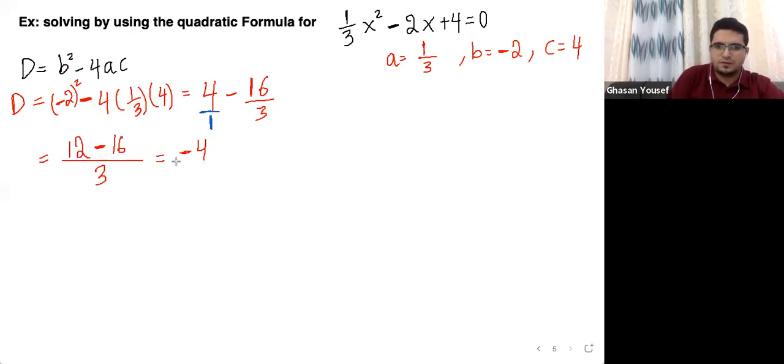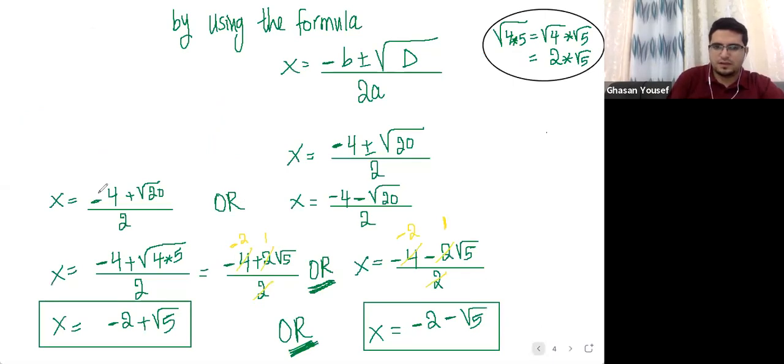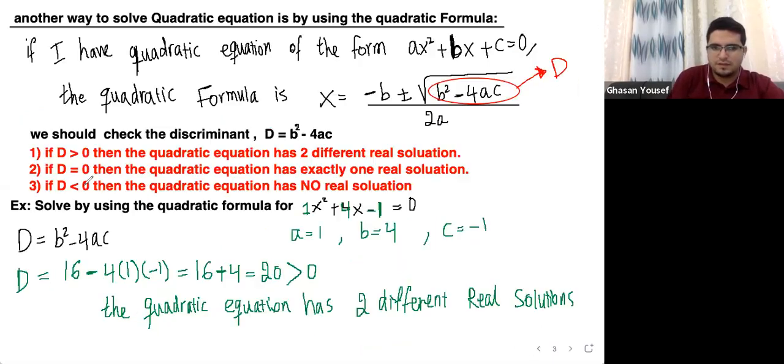Minus 4 over 3. What's the sign for this answer? It's negative, right? What's the meaning of negative? It is less than 0. Go back to the discriminant. If this d is less than 0, the quadratic equation has no real solution.